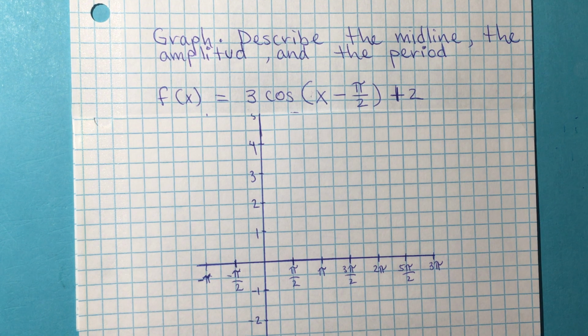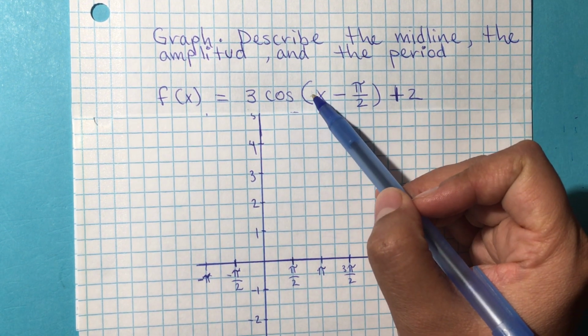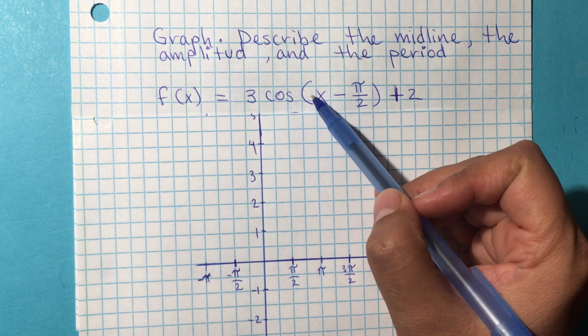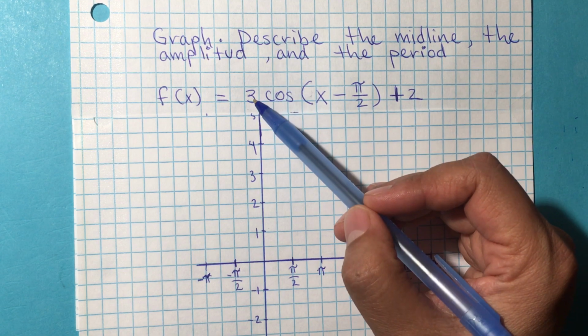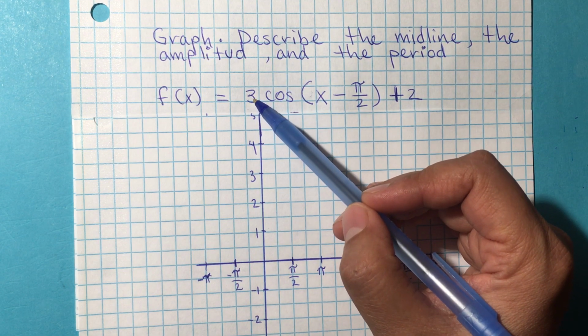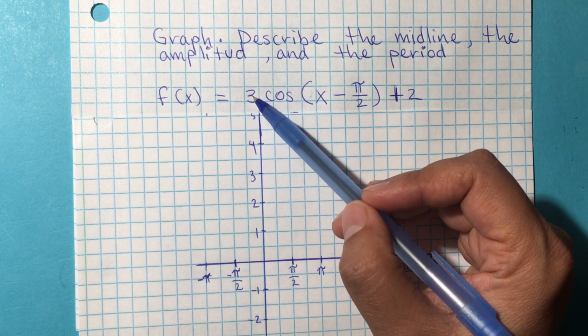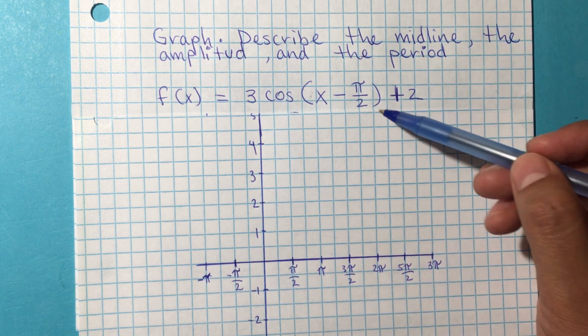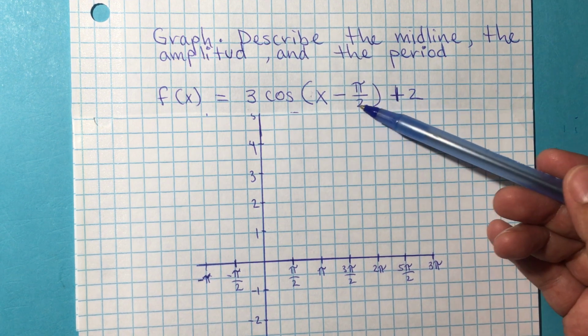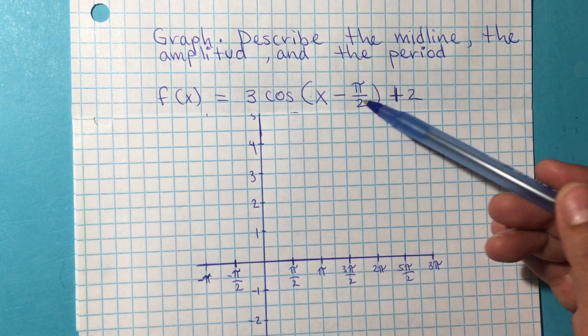Okay, so personally I prefer to start with the horizontal compressions or stretches. Second, I go with the vertical or the change in the amplitude, which is vertical stretch or compression. And at the end, I just do the two shifts together.